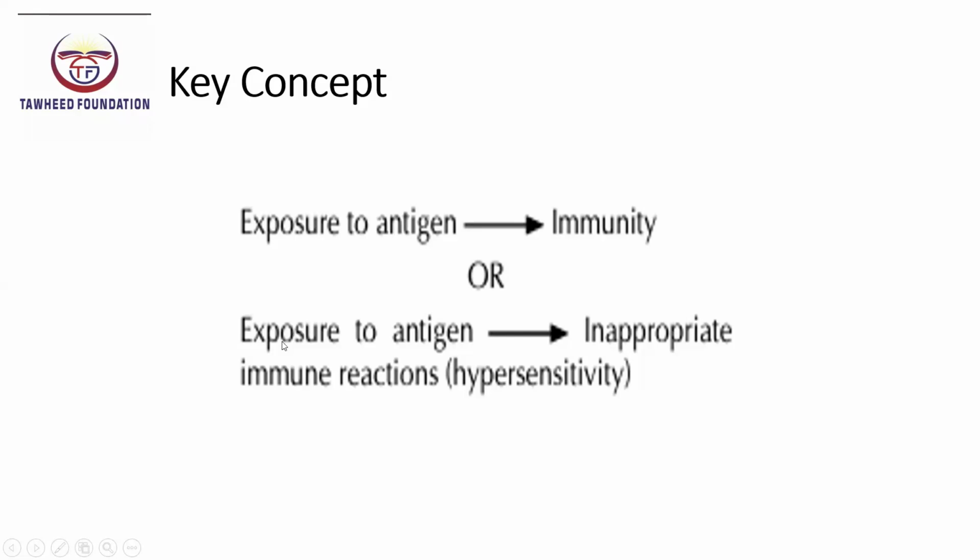On the other hand, if the immune response is inappropriate or exaggerated, the reaction can cause tissue damage. This is the essence of hypersensitivity. So while the antigen is the same, the outcome depends on how the immune system reacts to it. So this flowchart helps to differentiate a normal protective response from a harmful hypersensitive response.